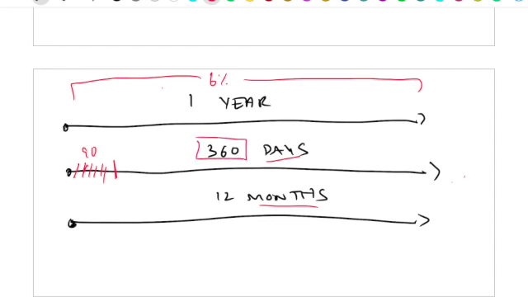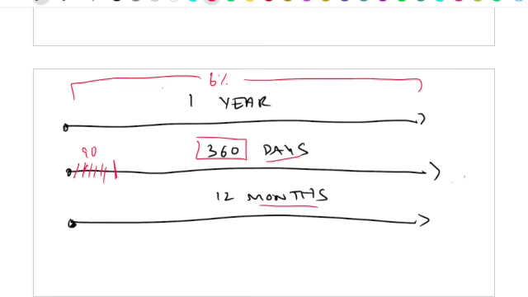I will note, we use 360 days, not 365. This is an accounting convention, and it's because 12 divides evenly into 360. So we are taking 360 and assuming that each month is 30 days. Just know that that is a convention, and we're going to use 360 and not 365.